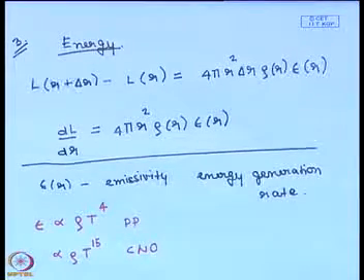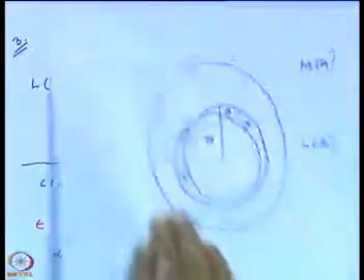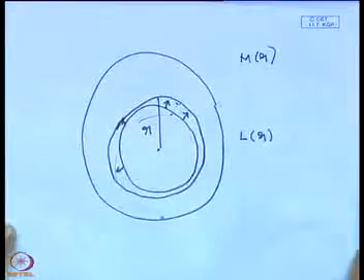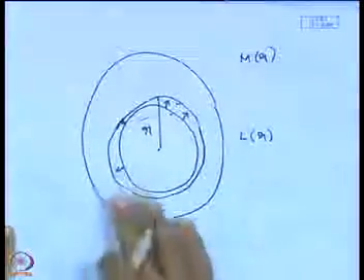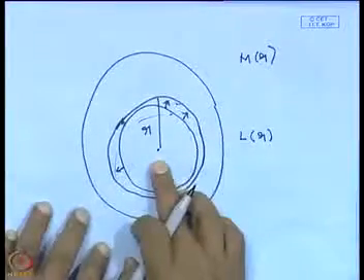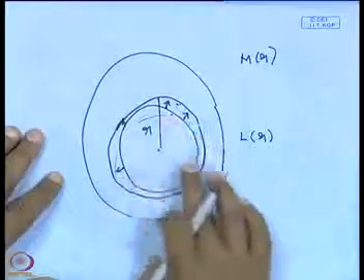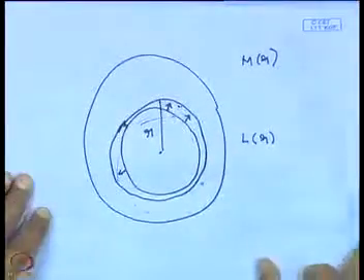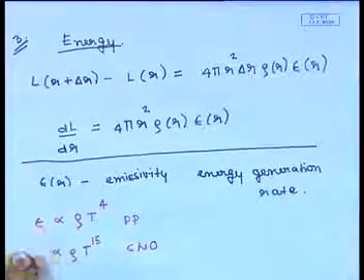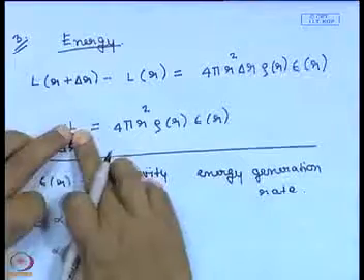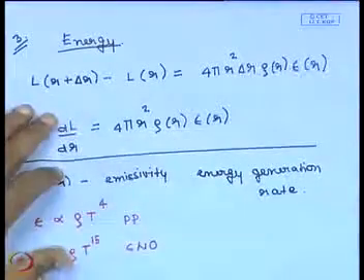Okay. So, when you solve for the stellar structure, one has to also take into account the fact that there is energy being generated in different parts of the star. The energy generation rate is more effective in the center, where the density is high and the temperature is high. It is less effective in the outer parts, where the temperature is low and the density is also low. So, one has to simultaneously incorporate this, and that goes into determining how the luminosity changes as we go away from the center.